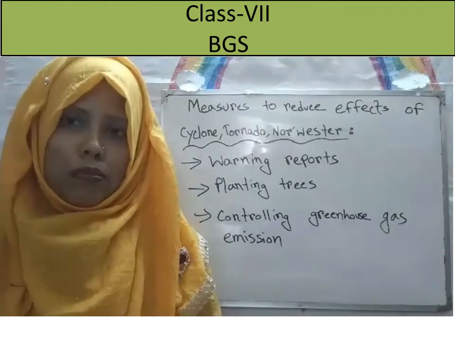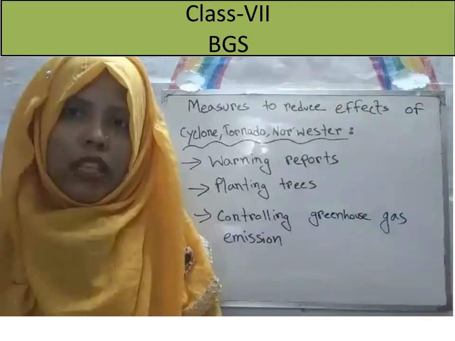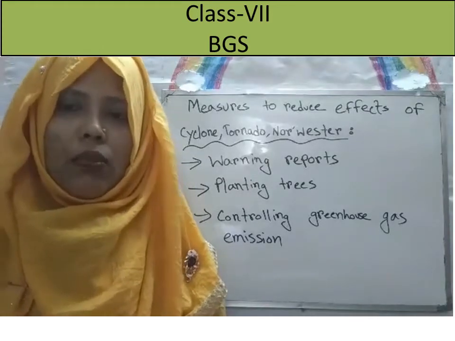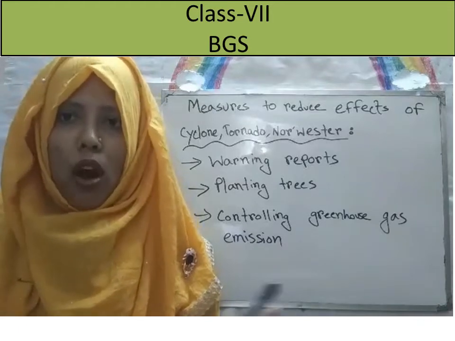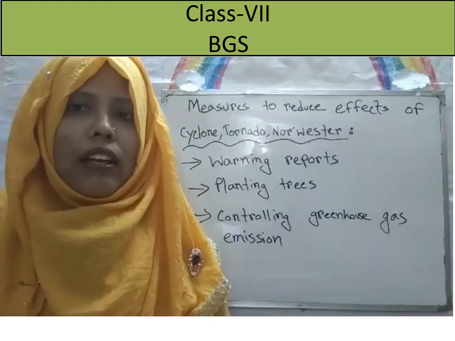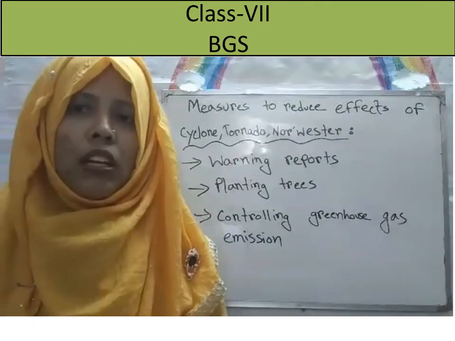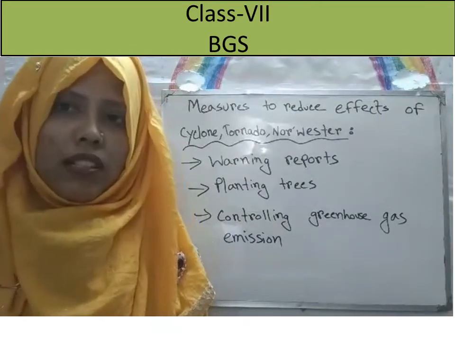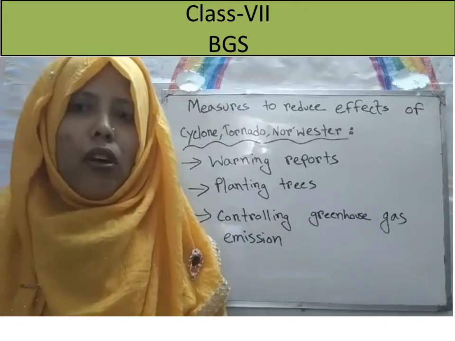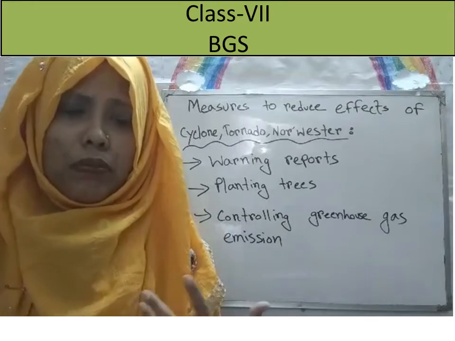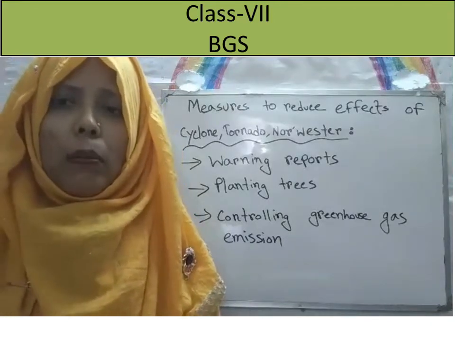If we reduce the use of these gases, then our air will not become hot or warm, and the low pressure or depression will not be created, and these disasters cannot get this type of situation.